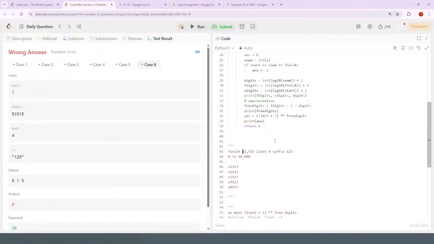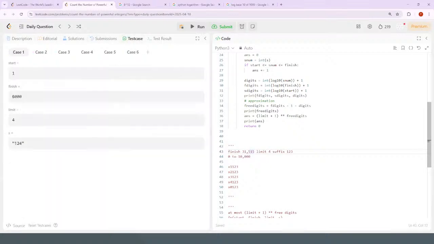Okay, so let's say the test case was actually 21515, and this is smaller than 1, 2. And the limit is still 4.